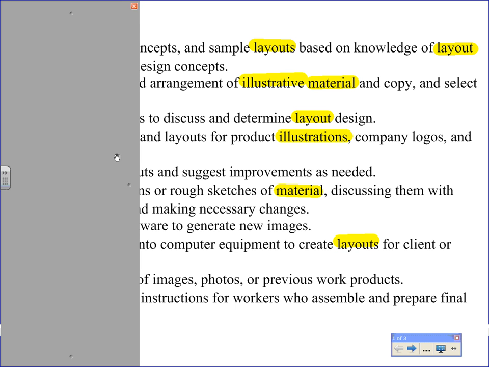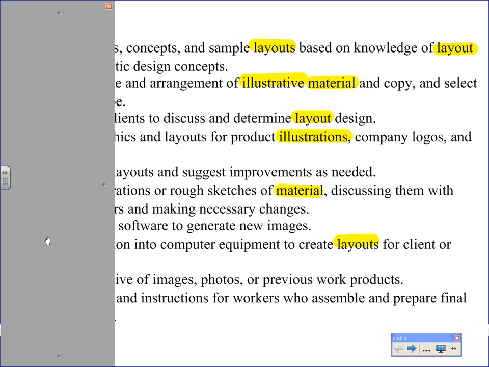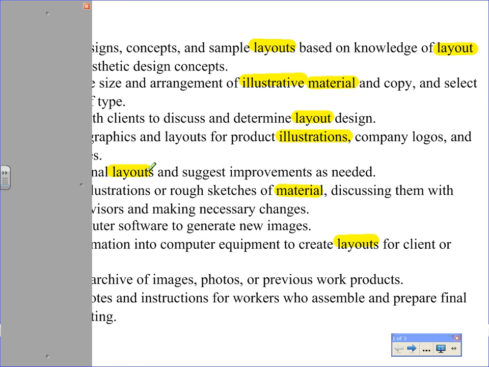See, it gets a little tough when you get this far into it, because now you have a whole bunch of words to look at, and you're constantly going back and forth, back and forth. There's layout again.